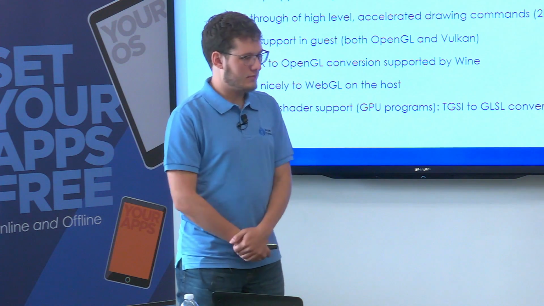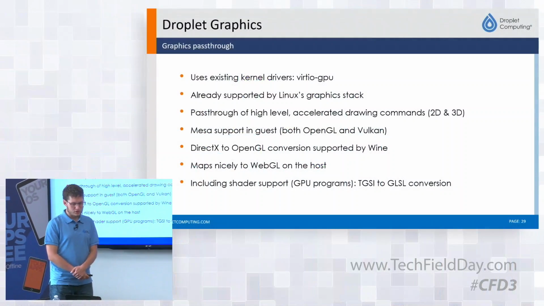Okay, and then about graphics. So far we got the performance in terms of CPU performance. I explained that. But there's also the problem of graphics performance as we want to run graphical applications. And there's also this other technology from para-virtualization that is called virt.io GPU. And it passes through high-level drawing calls, which is based on the Linux Mesa library for rendering.